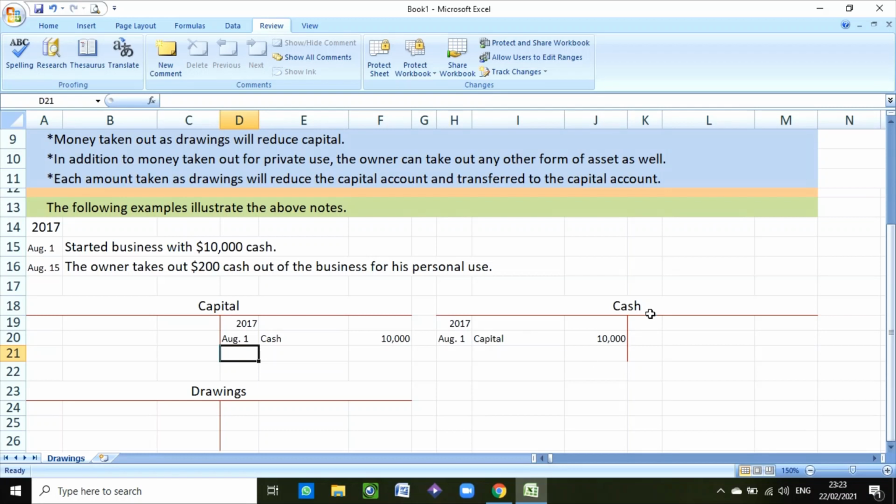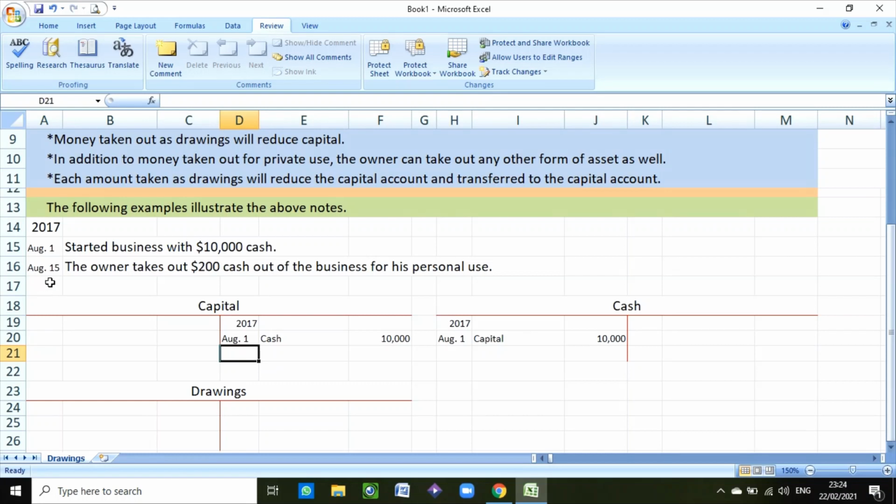Of course, at this point we understand that cash for the business is going up. That is the reason why we have a debit entry on this particular T account. And then capital is also increasing and we did a credit entry on this account.